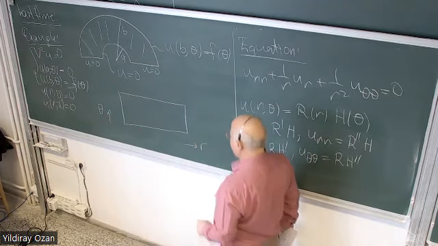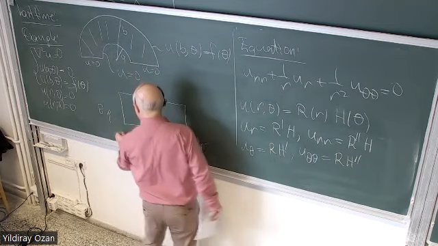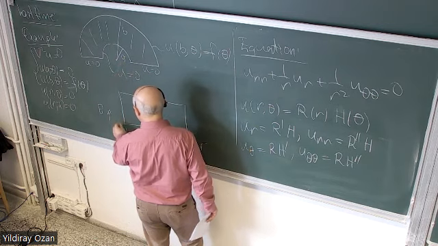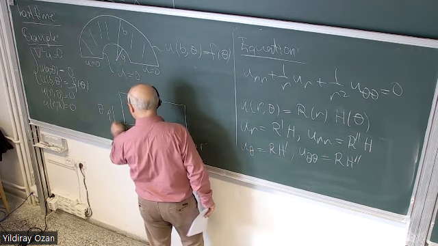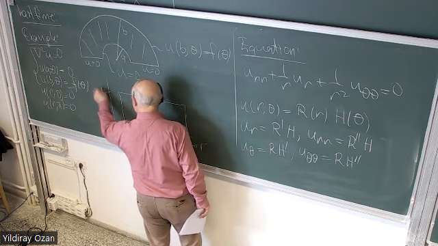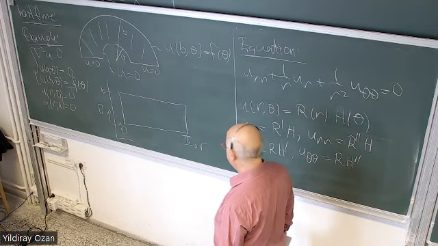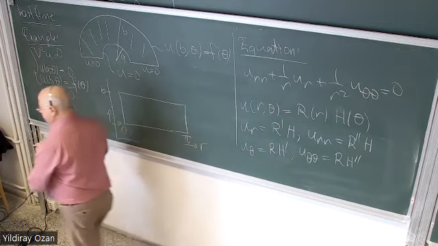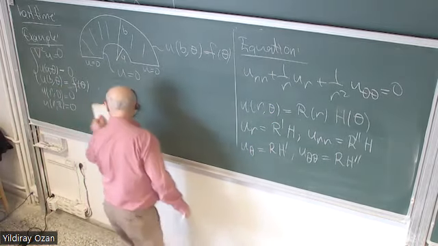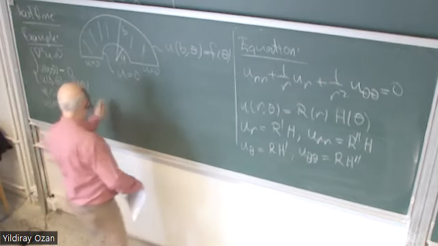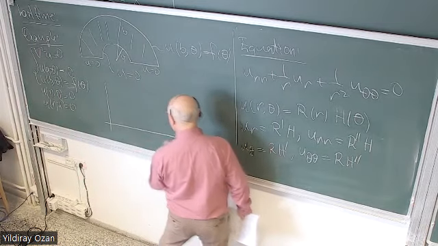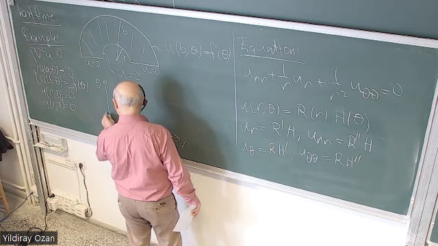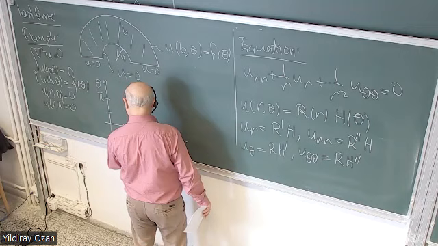Theta ranges from 0 to pi, and r ranges from a to b.